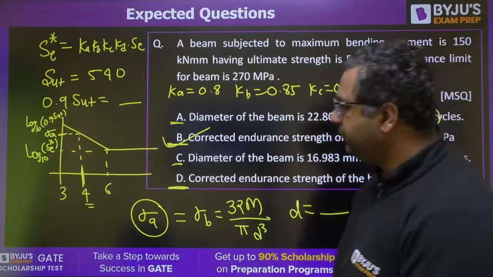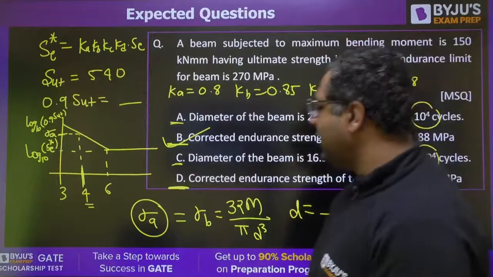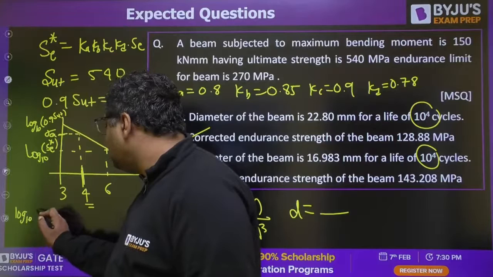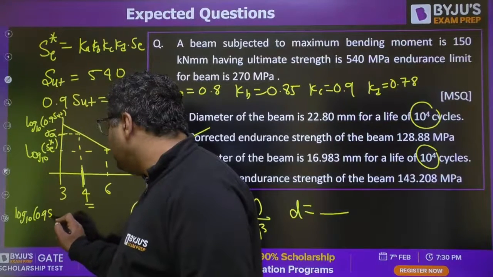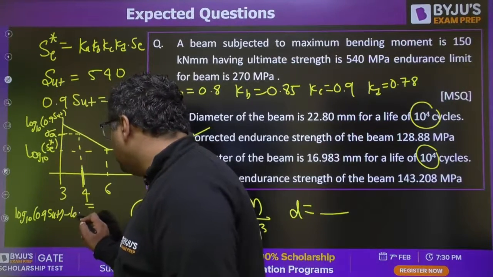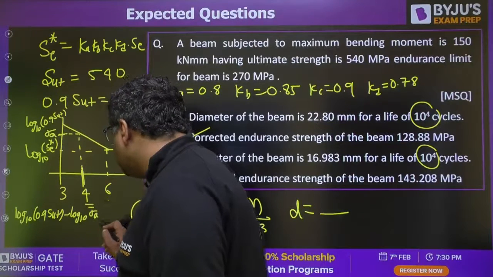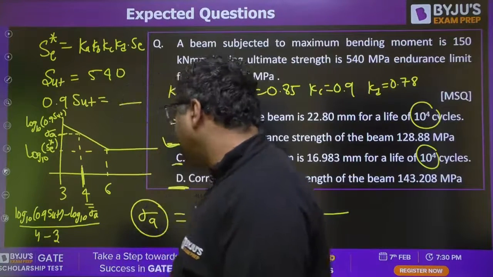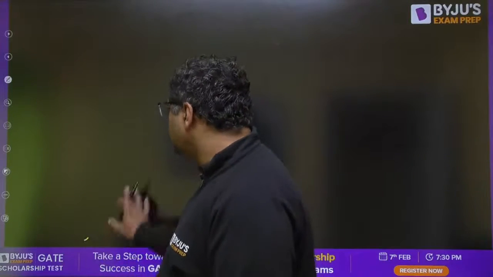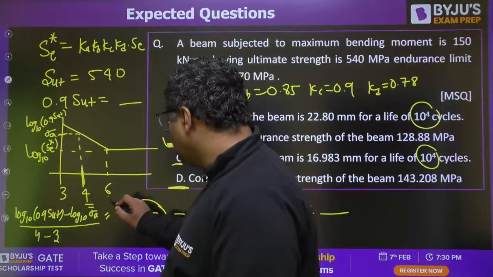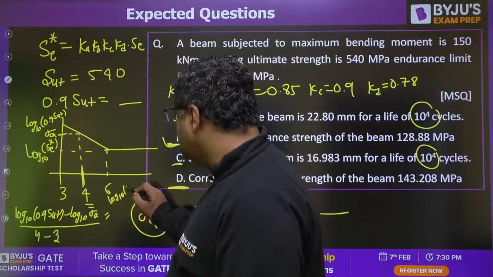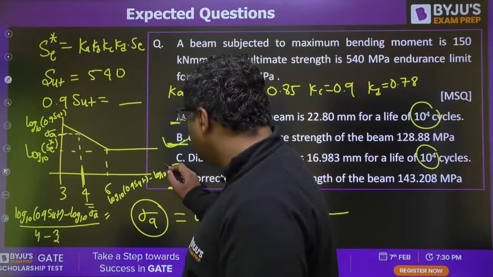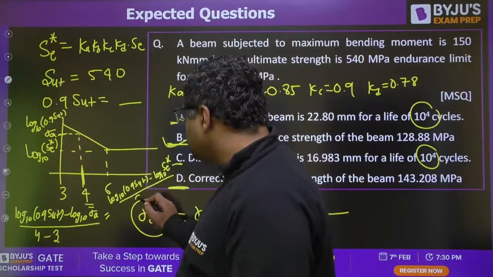Solve this. You will apply the same equation like every time we do. Log base 10, 0.9 SUT minus log base 10 sigma A, 4 minus 3 equals to log base 10 0.9 SUT minus log base 10 corrected endurance, 6 minus 3.